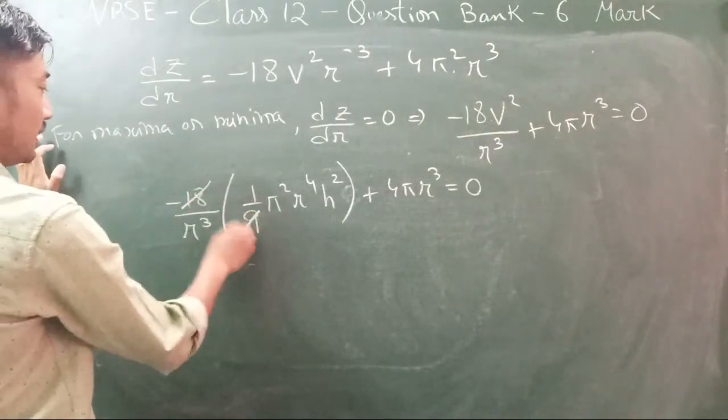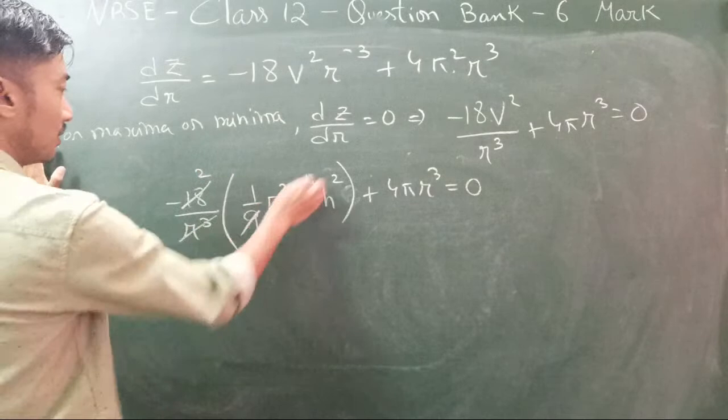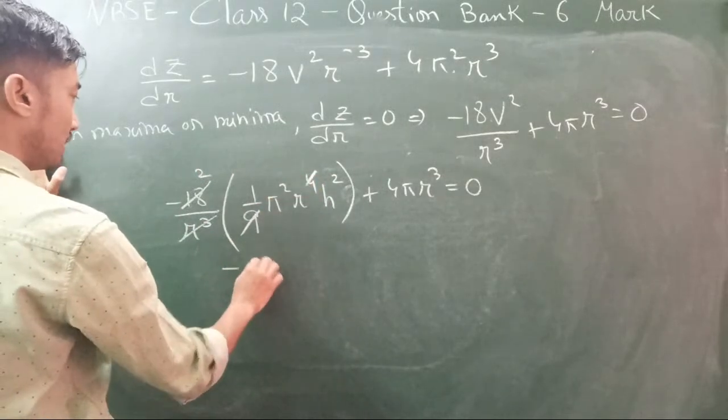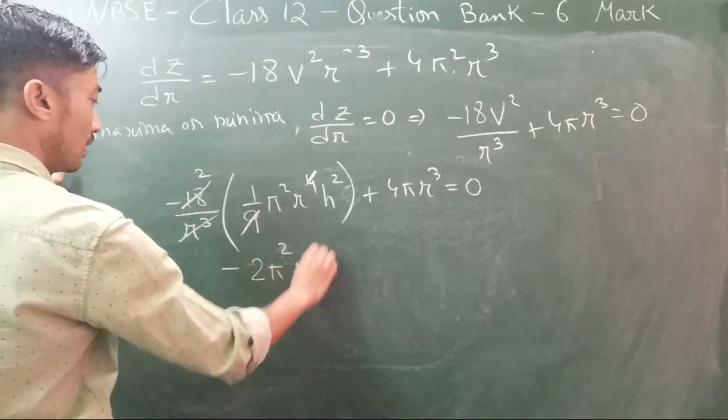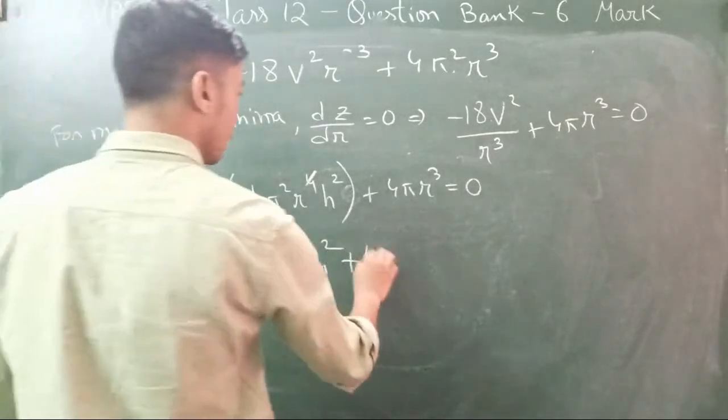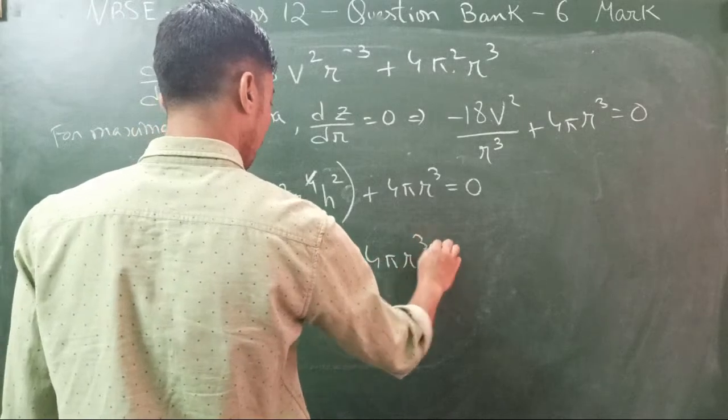So 9 2s are 18, r cube r, so we'll be left with minus 2 pi square r h square plus 4 pi r cube is equal to 0.